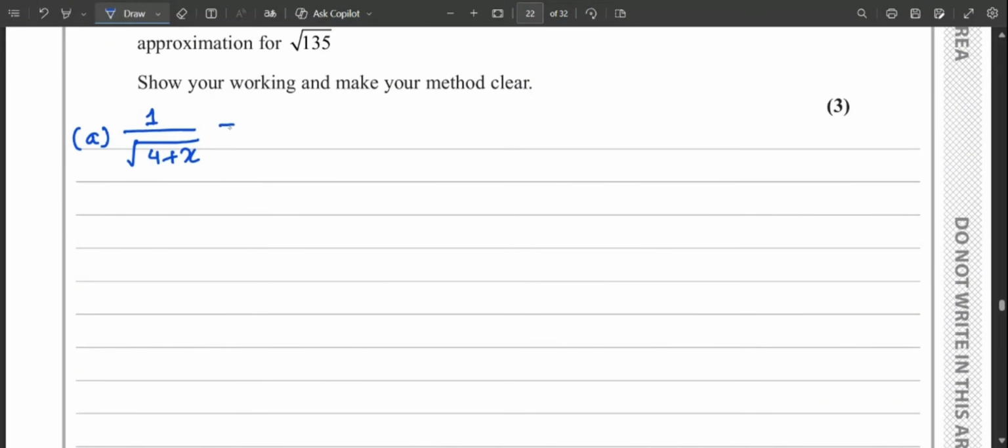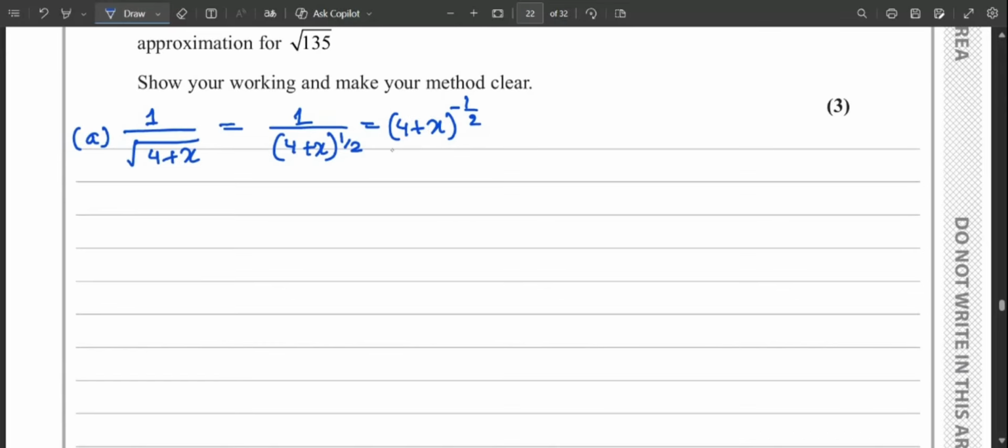From here, I can write down that this is equivalent to 1 divided by 4 plus x to the power of half. We can see here that 4 plus x to the power of half represents root over 4 plus x. They're equivalent. We also know that a reciprocal can be represented by a negative power. So we can write this as 4 plus x to the power of minus half.